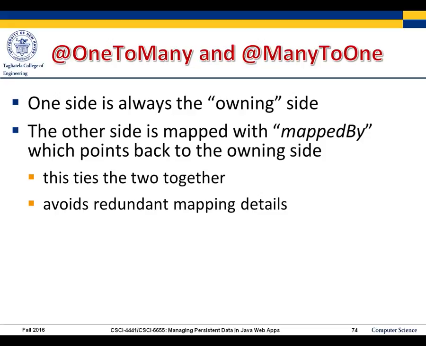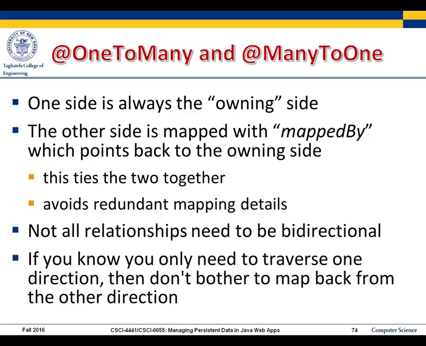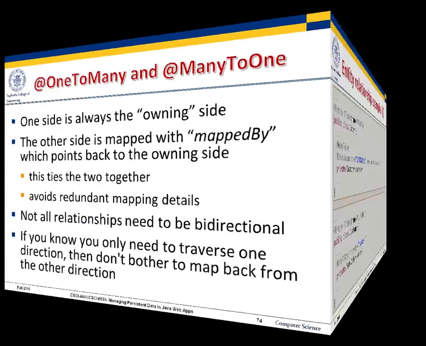Which you now saw a little example of. Not all the relationships have to be bidirectional, because many times you really don't care, because you're not going to be asking the question coming from the other direction, so you don't have to necessarily state it. Then don't bother. If you're really only traversing from one direction to the other, you could do it, but it's just more overhead to maintain for no reason.